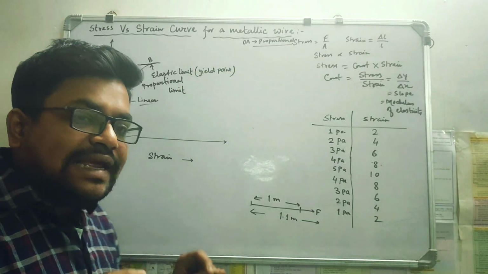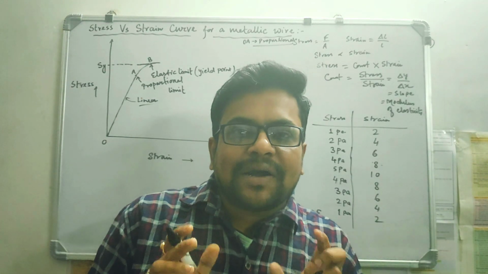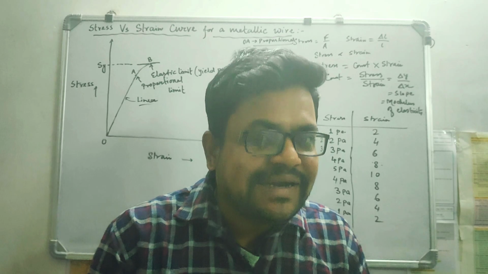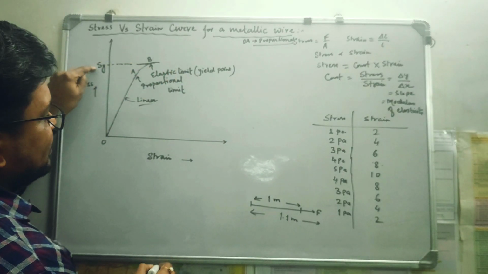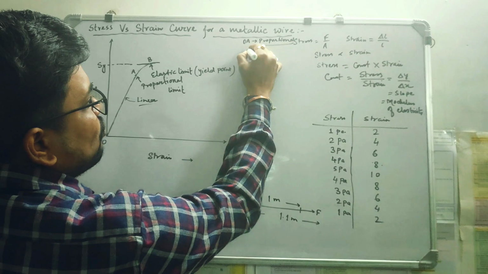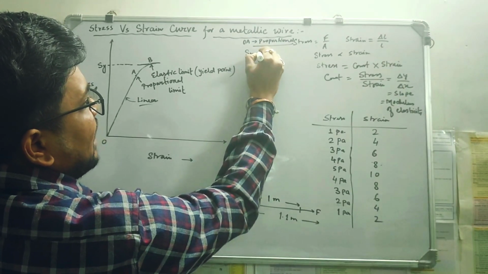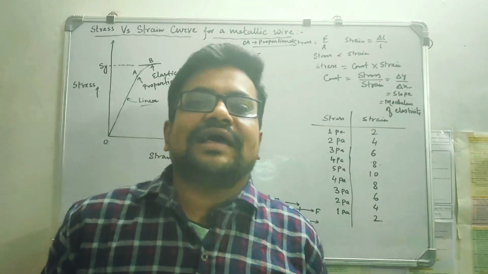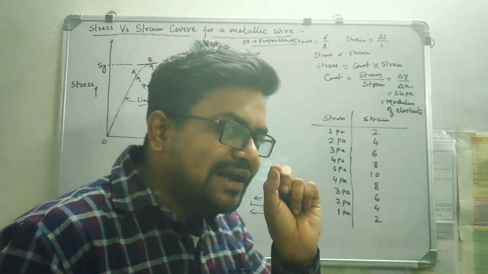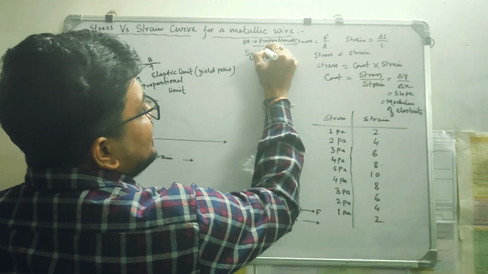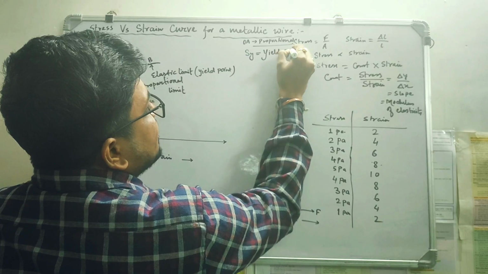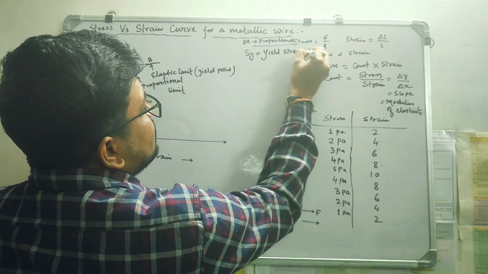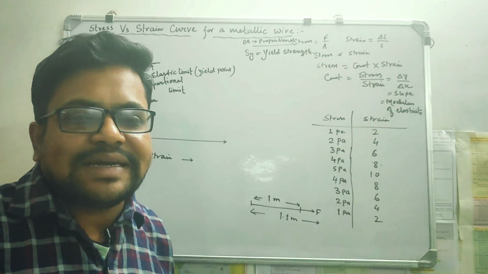Till the yield point, the property of elasticity will be maintained. Now at point B, what is the stress? That is SY. The stress at the yield point or elastic limit is known as yield strength.